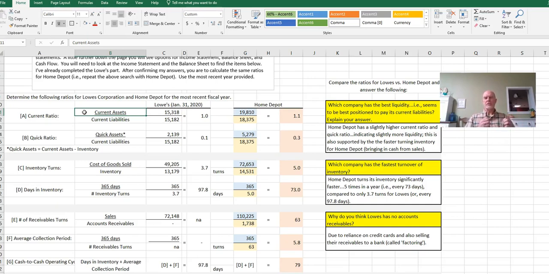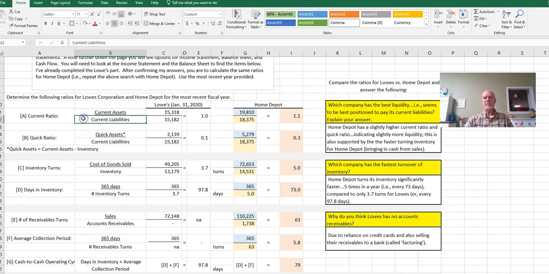We've already looked at a couple: inventory and accounts receivable. Cash would be another current asset, maybe some of our prepaid items, prepaid rent, prepaid insurance, things like that. But by definition, a current asset is an item that will be used or consumed in operations within the next year, usually much faster than that.